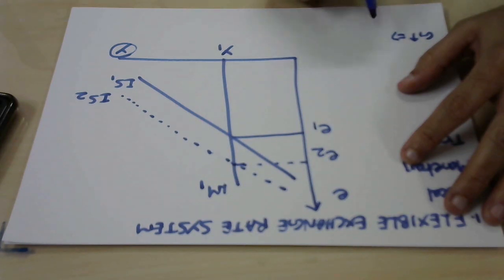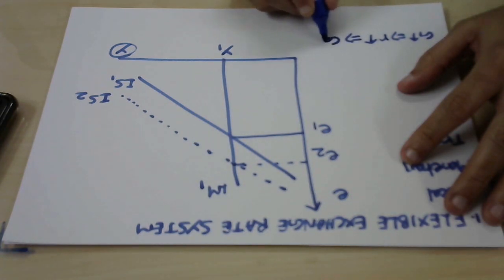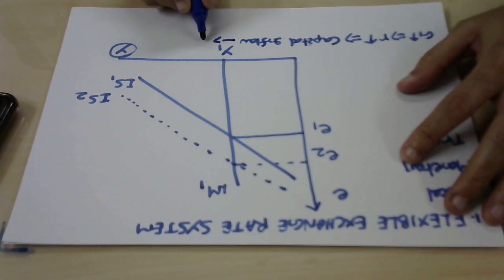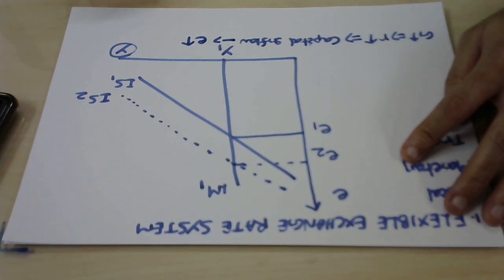Supply of money remaining as it is, what happens? Interest rate goes up, and to take advantage of this higher interest rate in the domestic economy, there is capital inflow to the domestic economy, which leads to an appreciation of the exchange rate. I hope you recall how exchange rate is decided.